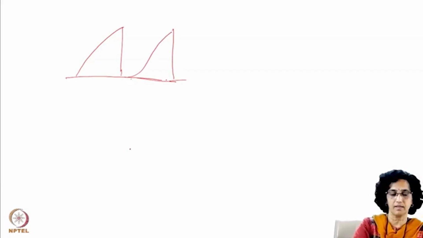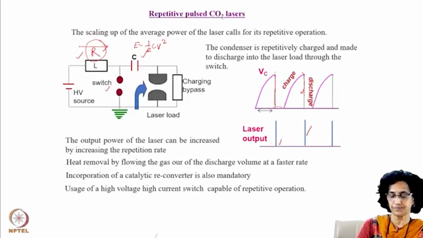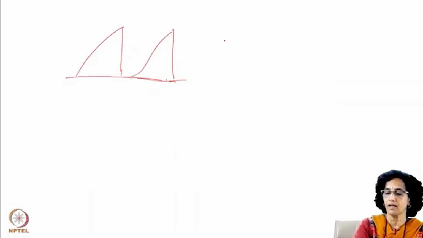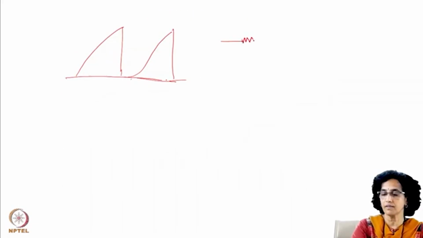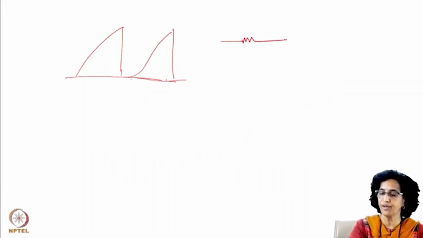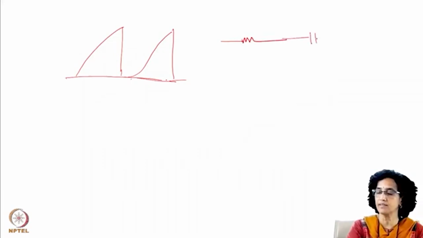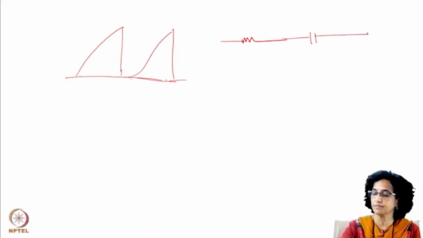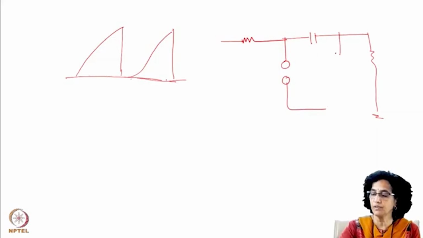As we see here, it can be a resistance or an inductance, and the condenser is getting charged, and the condenser is discharging into the laser.